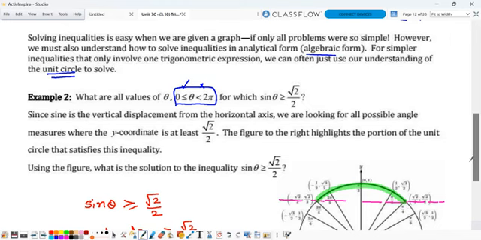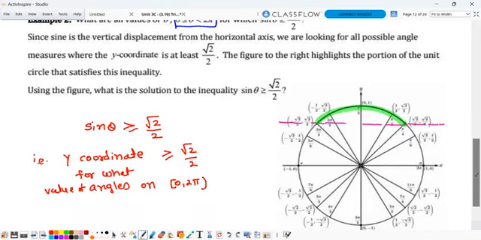So let's take a look at this first. Sine theta greater than or equal to root 2 over 2, which means the y coordinate is greater than root 2 over 2. What values of angle on this interval will have y values of root 2 over 2?